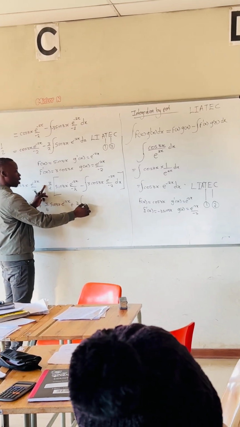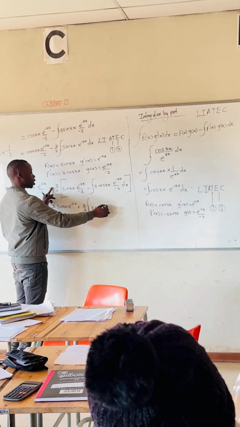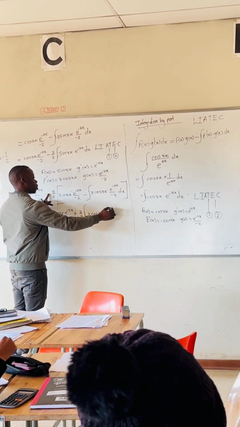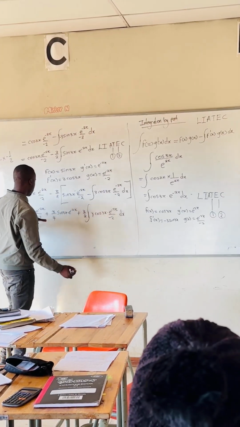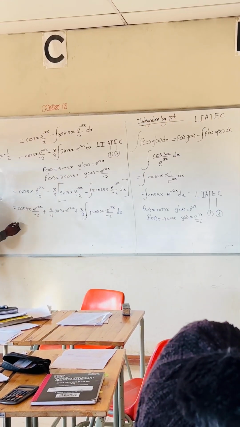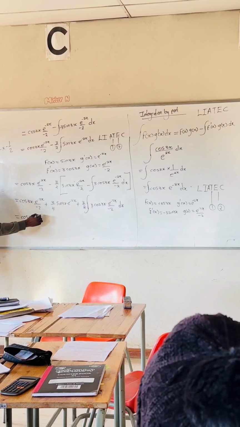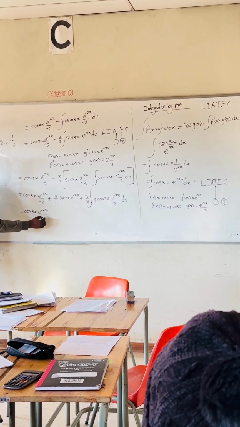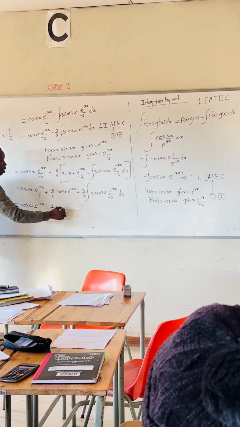So for now we can just rewrite the way it is, then we'll come back and focus on the integral. So second stage, we focus on the integral now. This is part of the solution, this is part of the solution. We can try to simplify if it's not in the simplest form on the integral part. We identify the constant from the integral part. What is the constant now?